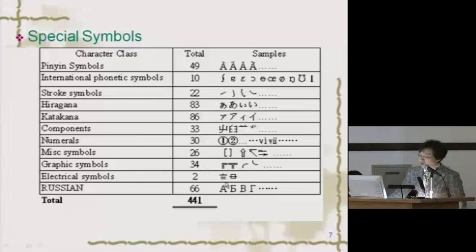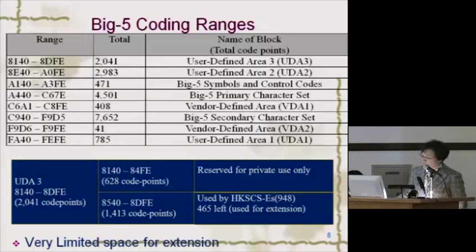There are also electrical symbols for the ground line, and this is probably, I'm not quite sure, a resistor or something. We also included the Russian alphabet. This is just to be consistent with GB 2312, I think.